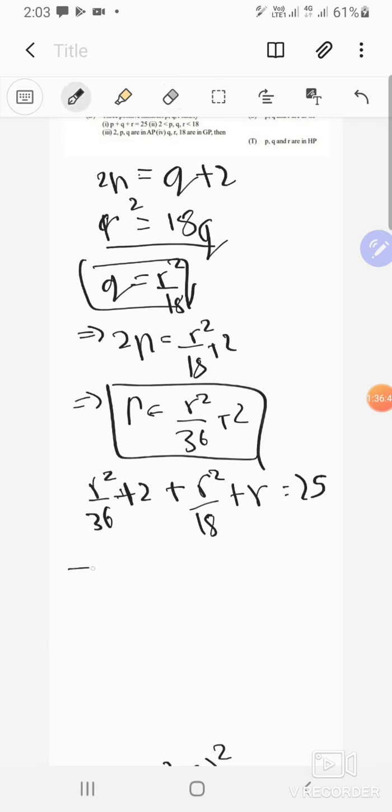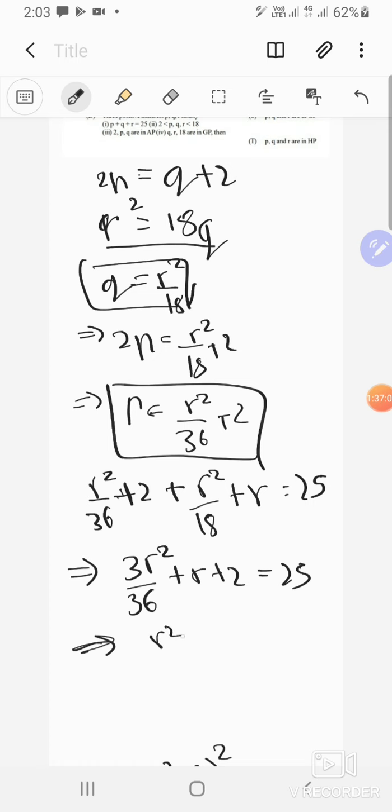Now that's a quadratic. Okay, let's multiply this by 36. Or maybe we can do that also. So multiply by 2 on top and denominator, so 3r squared upon 36 plus r plus 2 equals 25. That gives me r squared upon 12 plus r plus 2 equals 25.